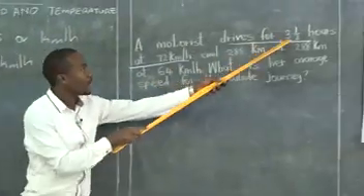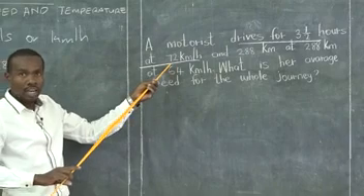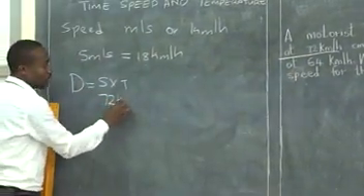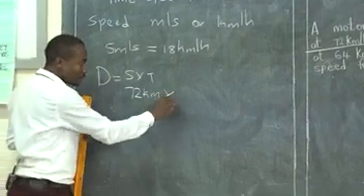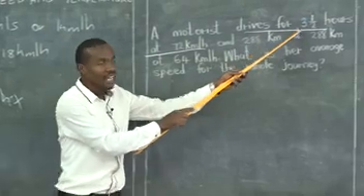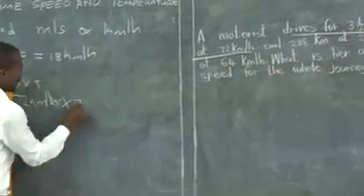Coming here, our speed is 72 kilometers per hour. We multiply by 3.5 hours.